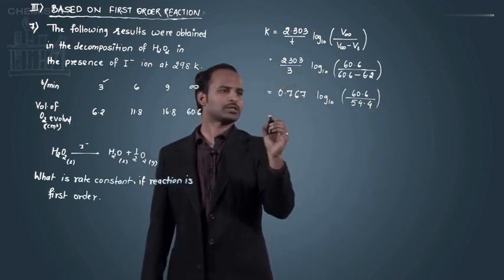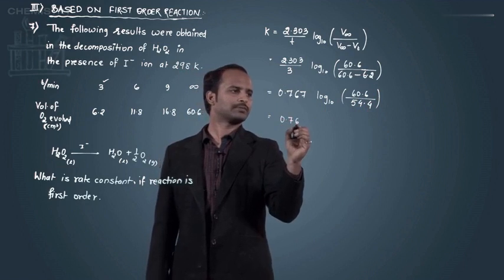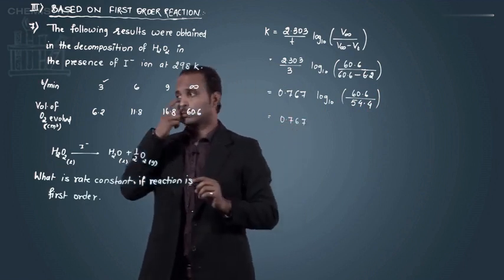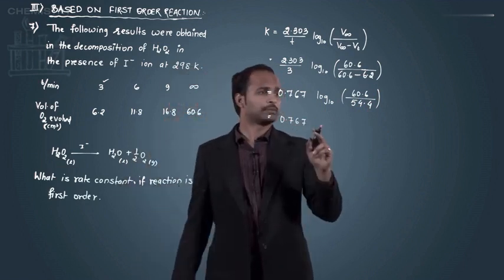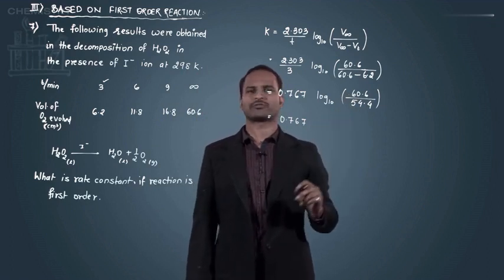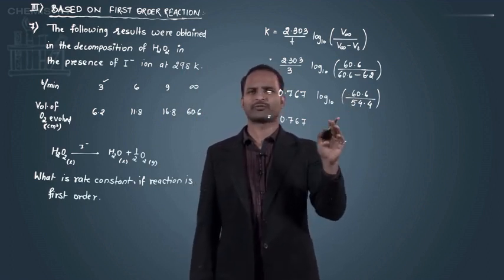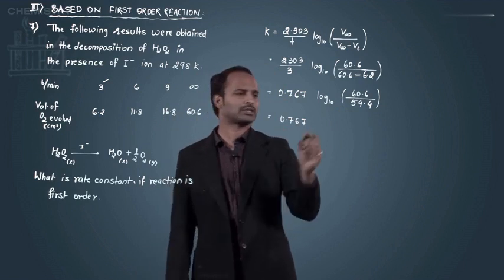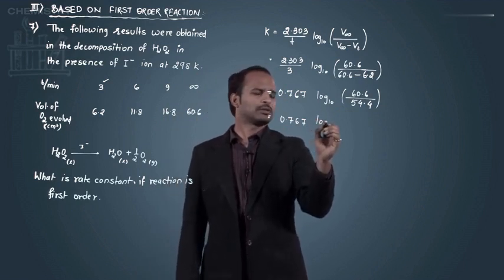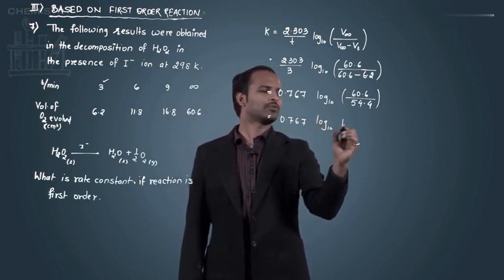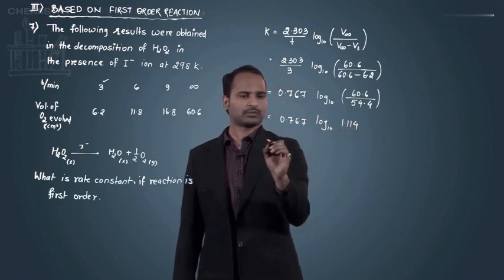So 60 point, this is 0.767. Then 60.6 upon 55.4, 54.4. When the log is taken for this, we get that on division it gives 1.114.